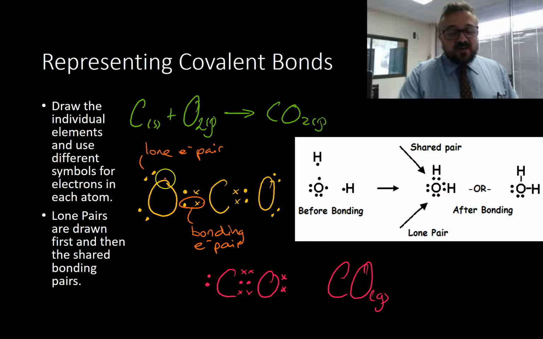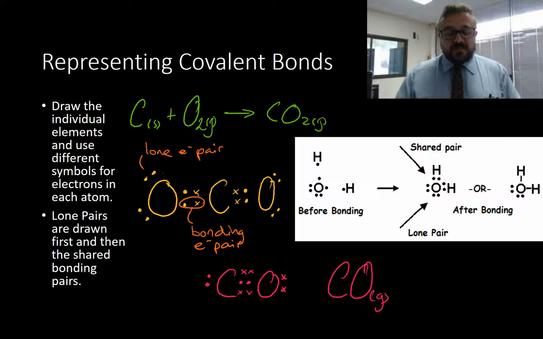We draw the valence electrons for carbon, which has 4, and for oxygen, which has 6. We see that this carbon is using these two electrons from one oxygen and these two electrons from the other oxygen to give it that stable outer shell.